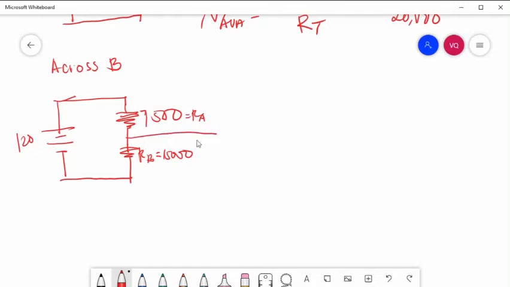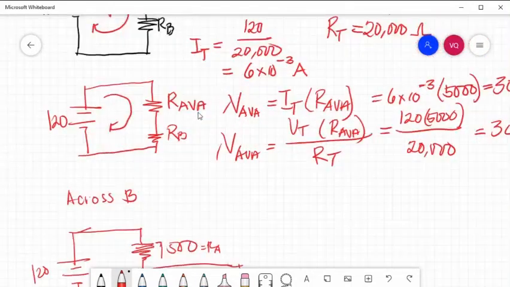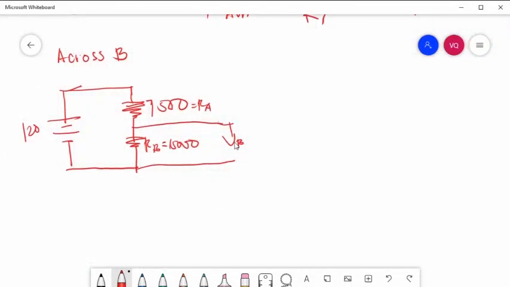And then you have a voltmeter here in terms of resistance. So, VB, voltmeter V. So, what is the reading of voltmeter B? If you have a resistance which is 15,000.